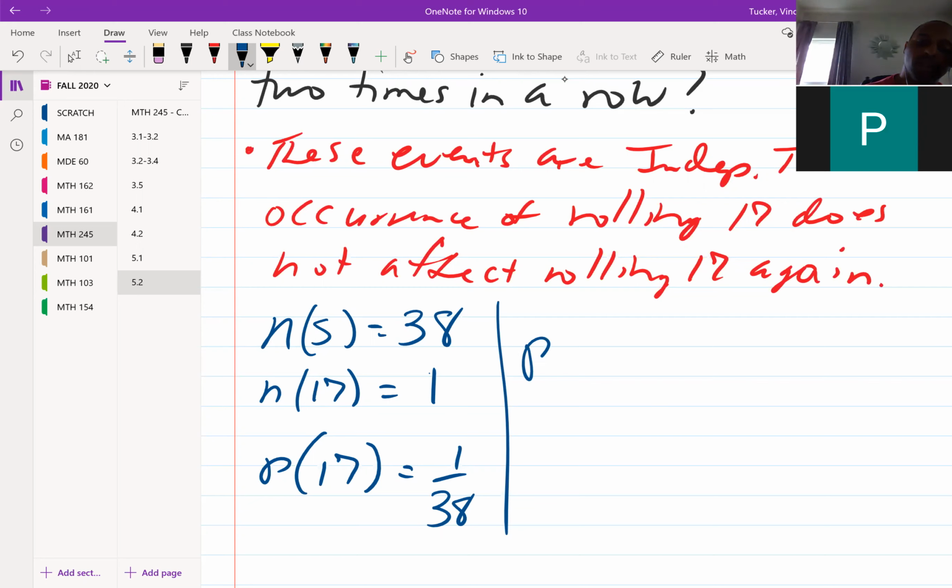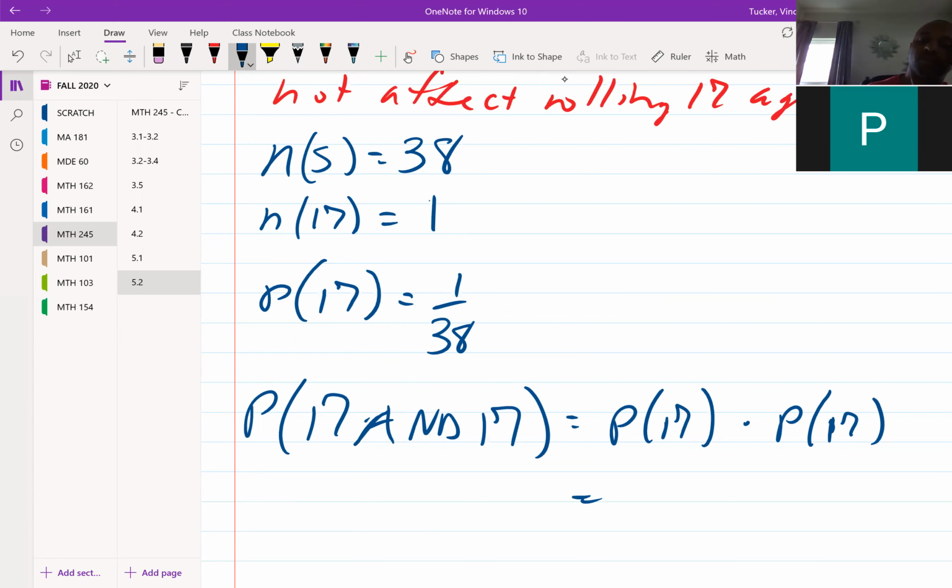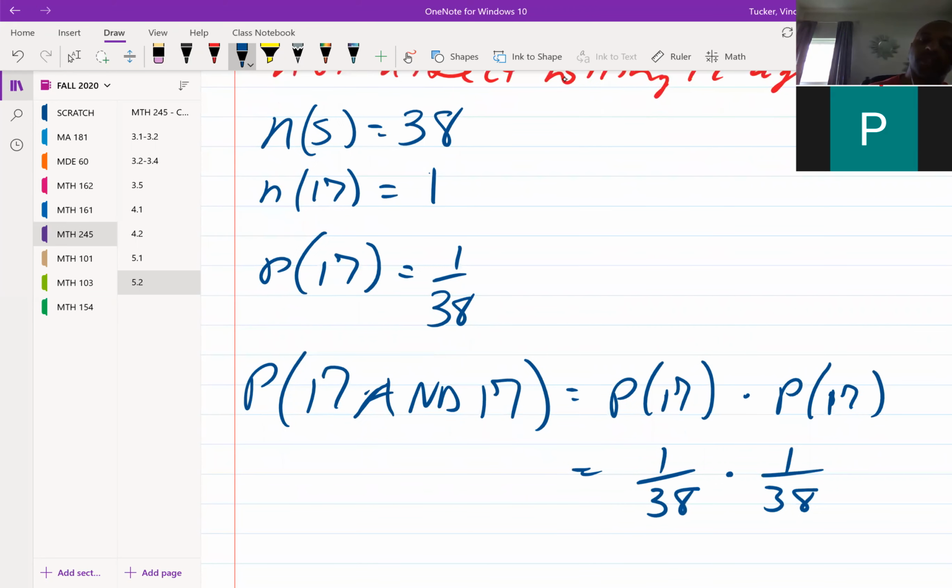All right. So the probability of getting a 17 and then 17 again. I'm going to go down here where I have more room. And just take the probability of each one of them and multiply them together.